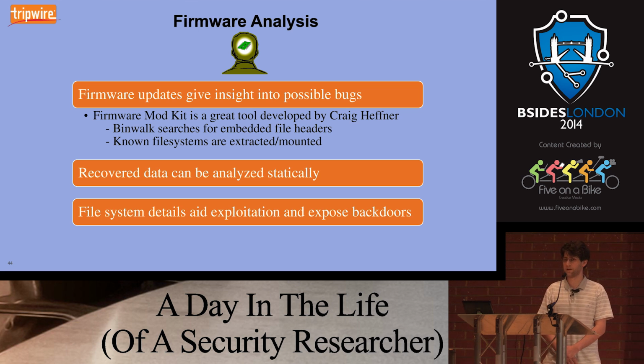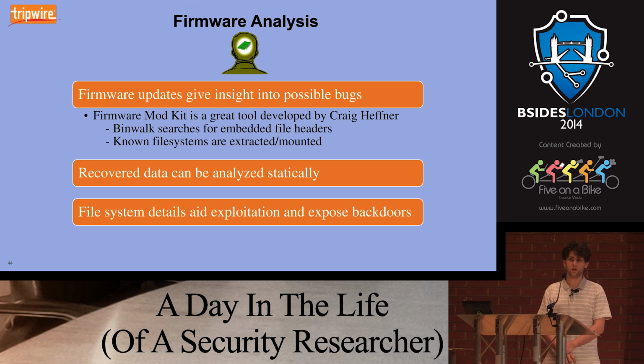But nonetheless, with other devices, it's very helpful to take a firmware update, like say for your D-Link or Netgear router. And Craig Heffner has a great tool out there called Firmware Mod Kit. It uses binwalk and walks through the file system for the update, or the file for the update, looks for known file systems, extracts them, mounts them, and all of the data that you get out of this, you can use for static analysis, and you can also use some information from it to find backdoors.